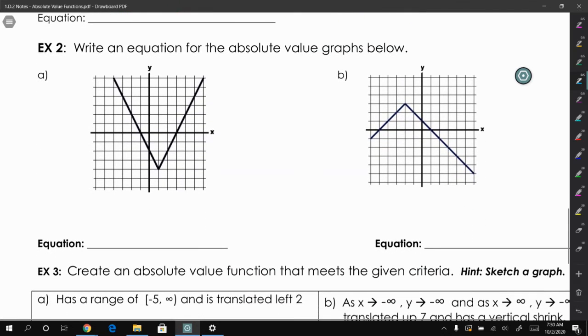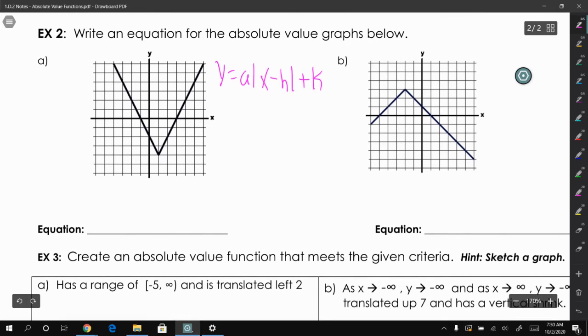Now these examples, we're going to write the equation from the graph. And again, I'm going to write this here so we have it. So for each one of these problems, we need to identify a, h, and k. So the vertex here is at (1, -4). So that means my h value is 1, my k value is -4, and then to find my a value, I'm going to count my slope.